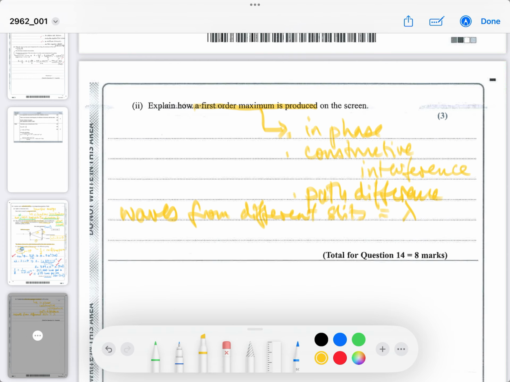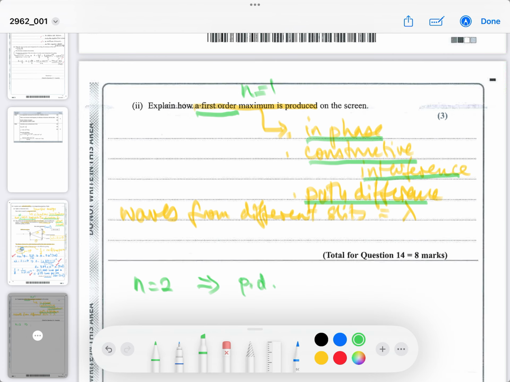If n was 2, this is n equals 1 here, first order. So if we were talking about the second order, n would equal 2, it means that the path difference would be such that the waves are still in phase, still produce constructive interference, but this time for the second bright fringe, the path difference would be greater.